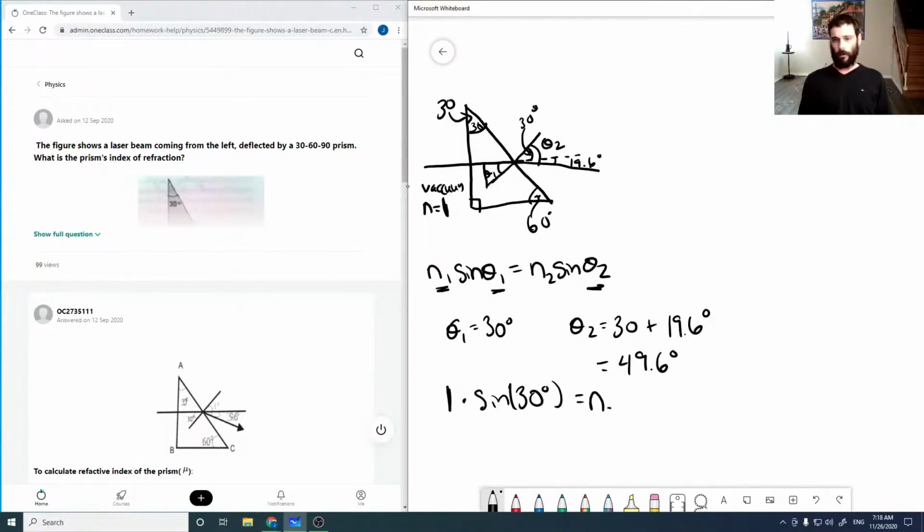And so taking n1 as 1, this means that we have 1 times sine 30 degrees is equal to n2 times the sine of 49.6 degrees, or n2 is equal to sine 30 over sine 49.6 degrees.